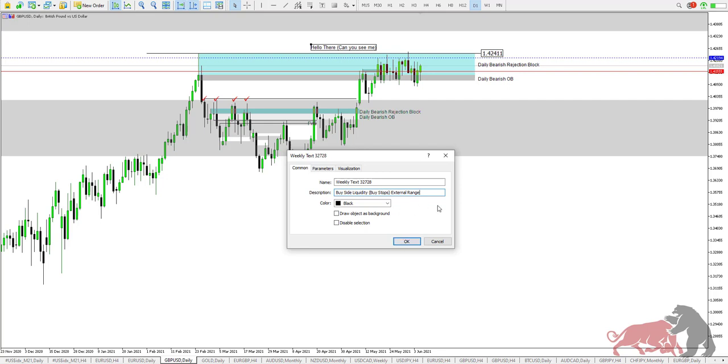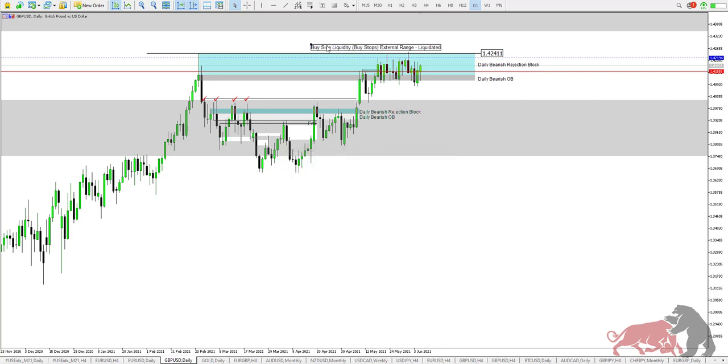Now those have been liquidated, they've been ran, the stops have been liquidated. But now the high that has been created, there's also a range of buy stops.